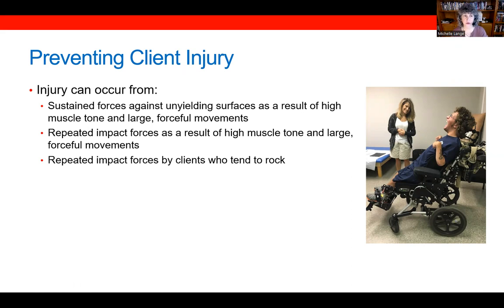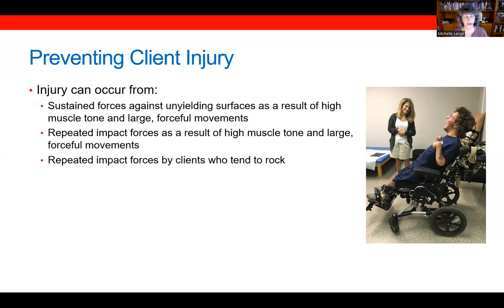First, there are clients who may demonstrate sustained forces against the unyielding surfaces of their wheelchair seating system, and this is usually the result of very increased muscle tone, large, forceful movements. This young man here is basically standing within his seating system using these sustained extensor forces.